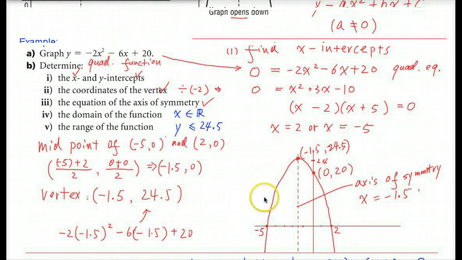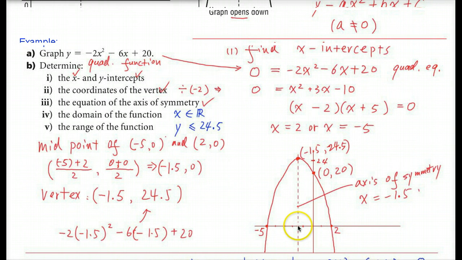Then I plot these 2 points, -5 and 2, as x-intercepts. Then I find the midpoint, right? The midpoint is found this way: we add the 2 x coordinates and divide by 2, and then add the 2 y coordinates, which are both 0, and divide by 2, and then you should get -1.5 and 0 as the midpoint.